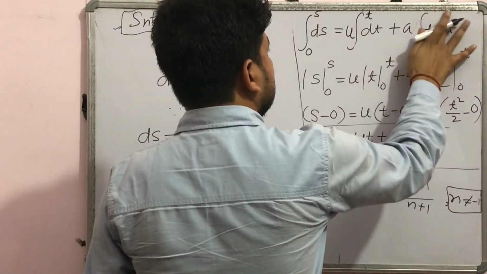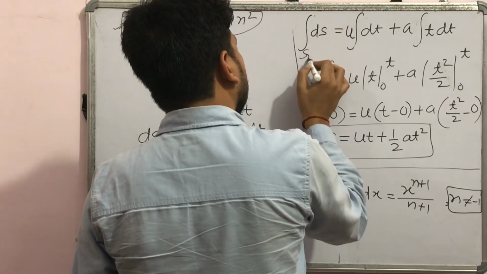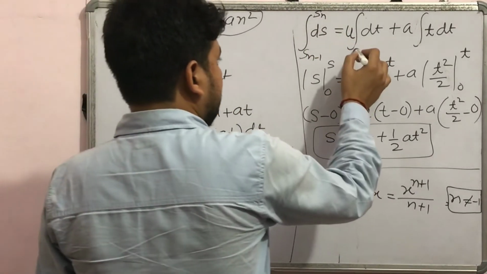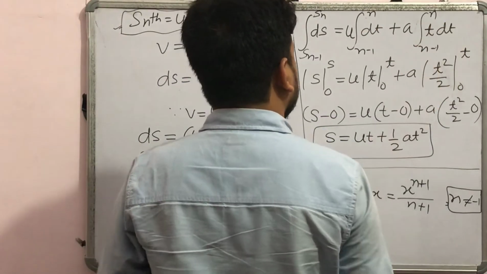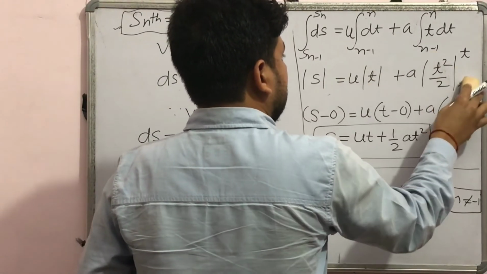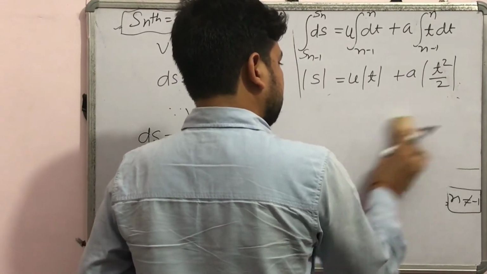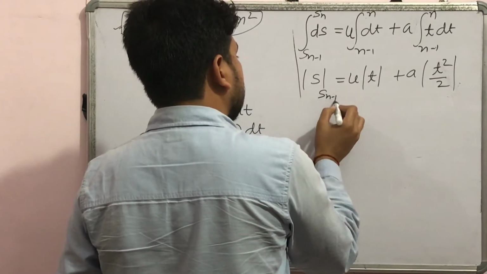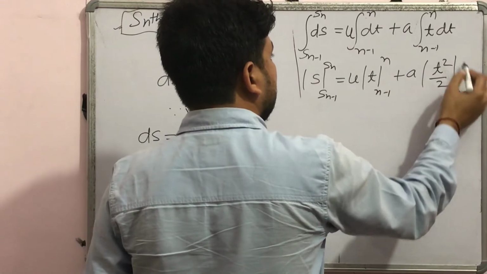Limits you have to change from Sn minus 1 to Sn, from n minus 1 to n.